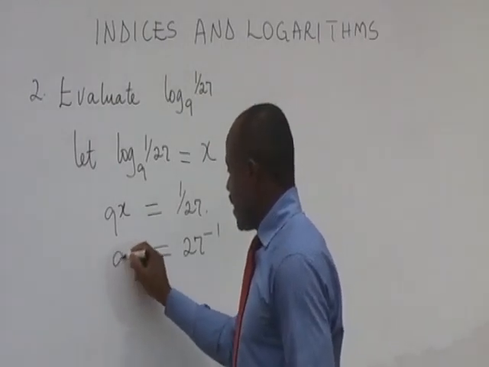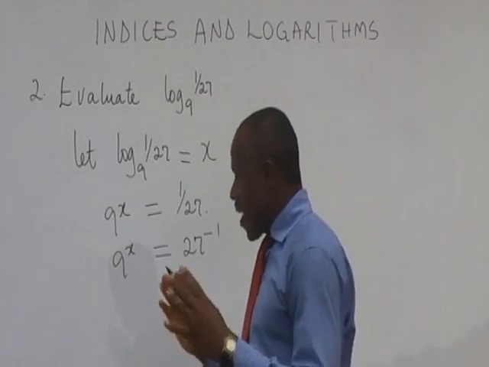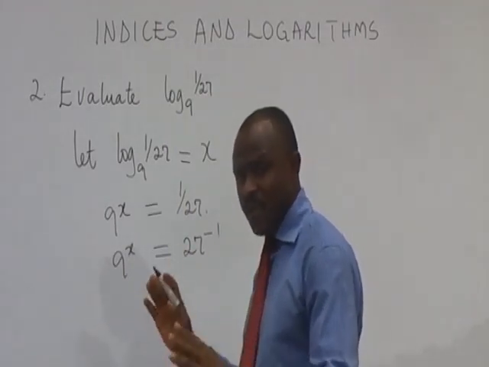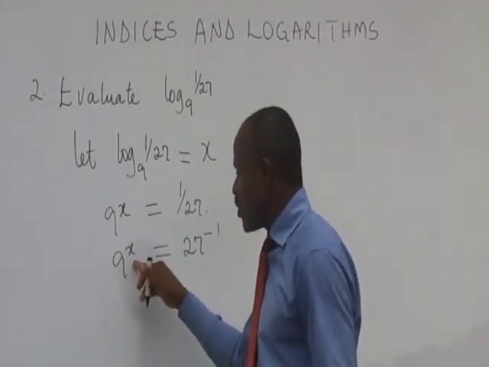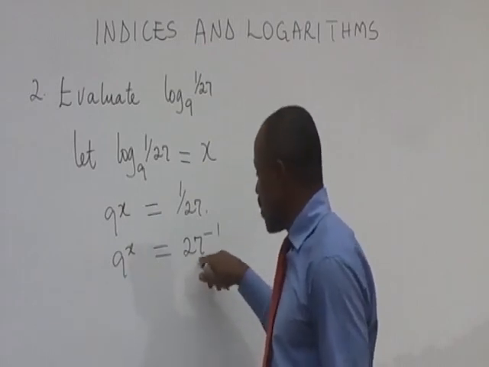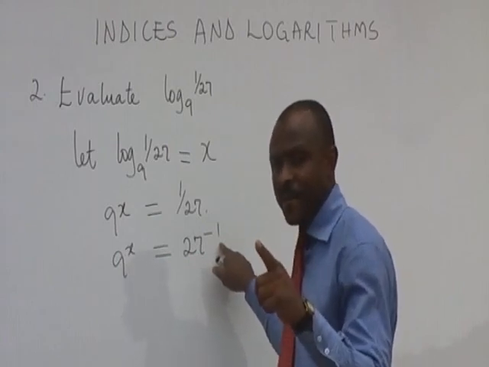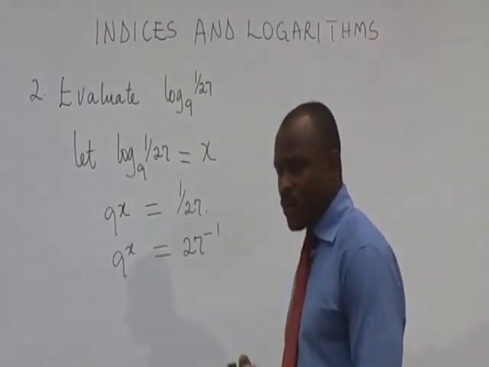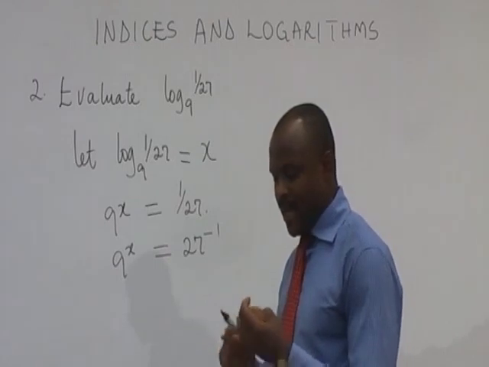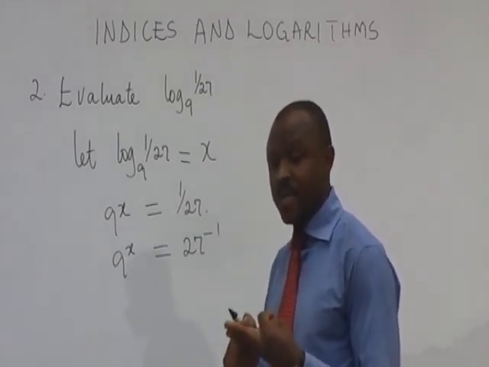Bring down 9 exponent x. Try to balance both sides of the equation. Here you have 9 exponent x. Change 27 exponent minus 1 into an index of 3. You and I know that 3 times 3 is 9, and 9 times 3 is 27.